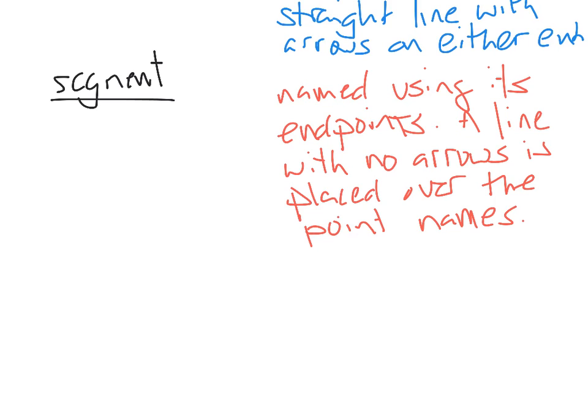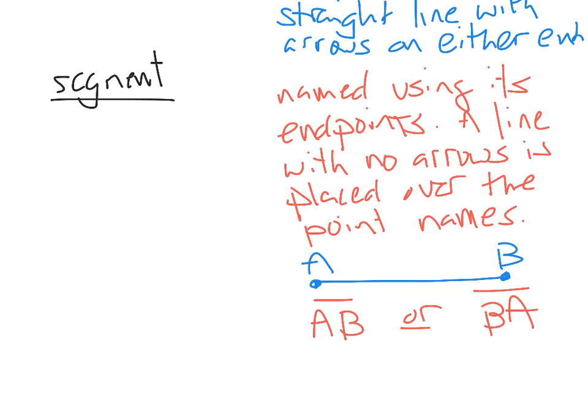For example, we've got point A and point B and the segment between them. This is AB or BA. Order doesn't matter.